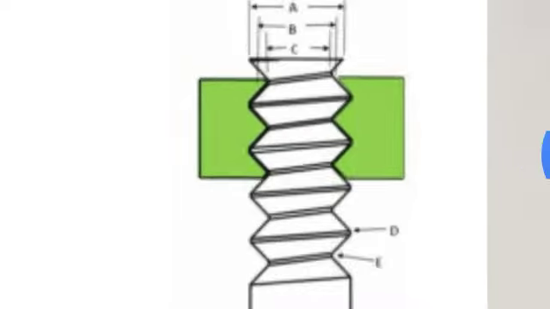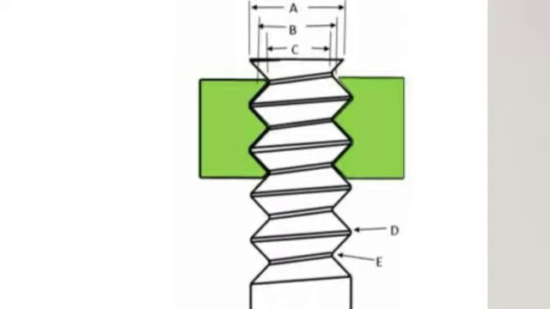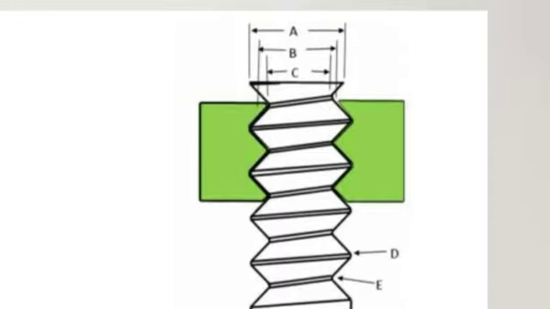So the diameter formed by joining all the roots is known as the minor diameter of a thread. First is crest, second is root, third is major diameter, fourth is minor diameter.